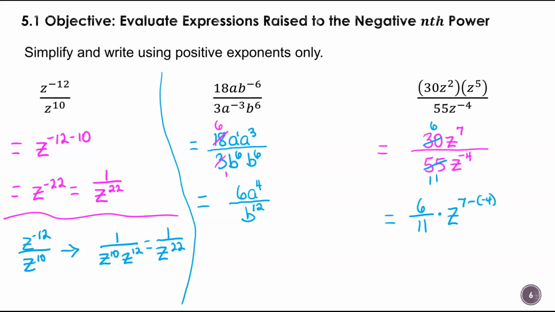Notice what happens there. So you have to be careful. You can't just think 7 and negative 4 is 3, because that's not what's happening. This is going to be z to the 11th, right?